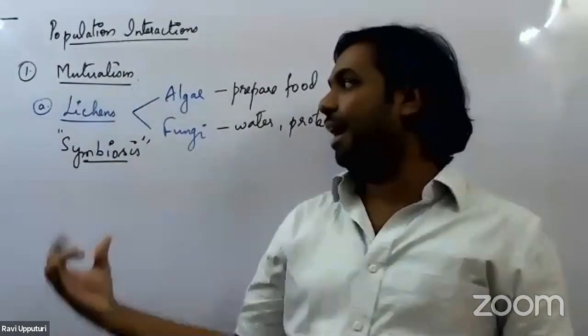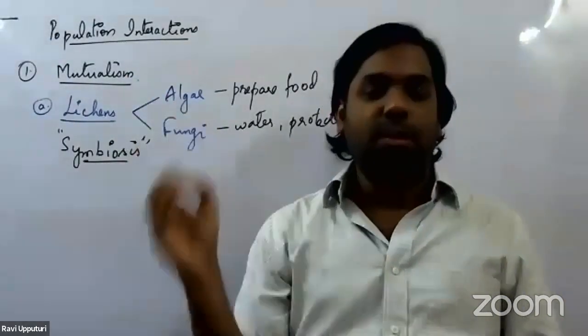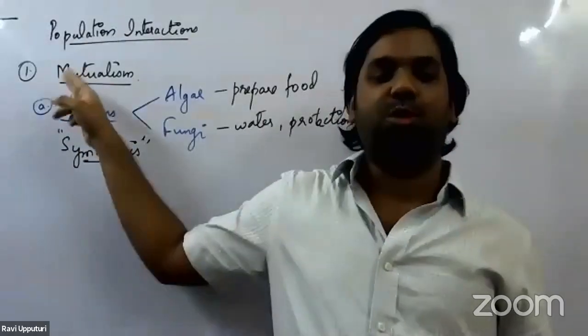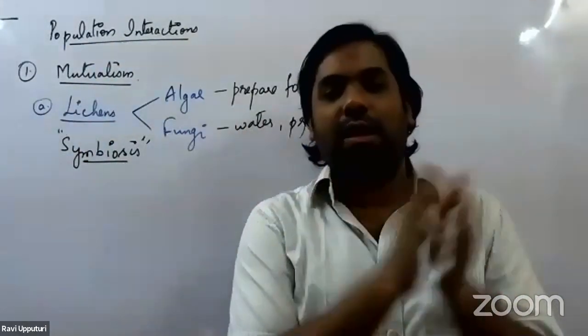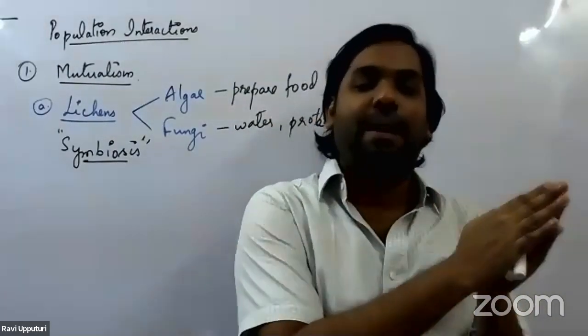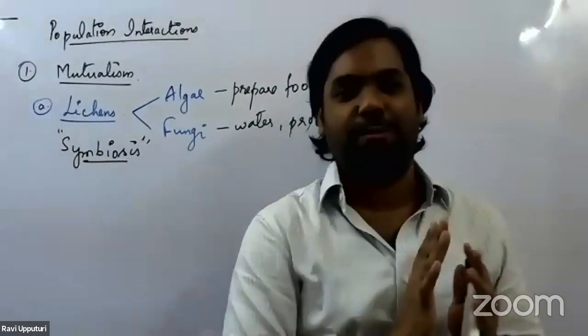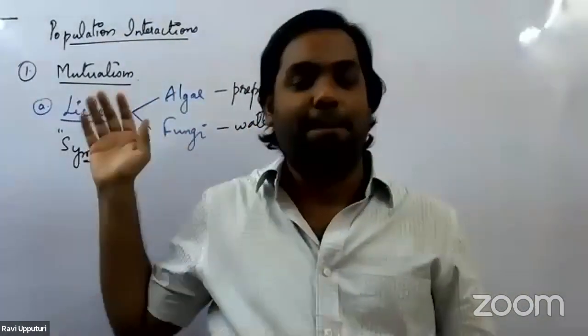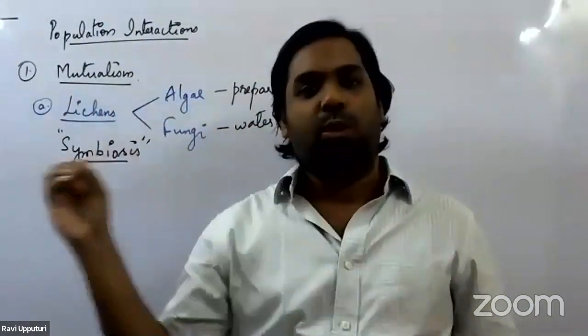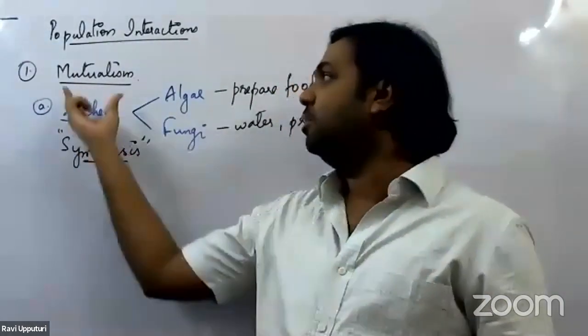That sort of interaction we call symbiosis. So symbiosis is a type of mutualistic interaction shown by organisms, where both organisms are permanently dependent on each other for their survival. If both the interacting species are being benefited, we would call such type of interaction mutualism.